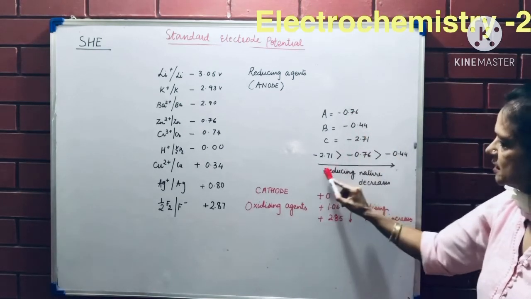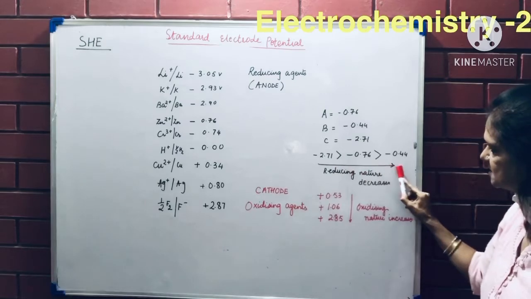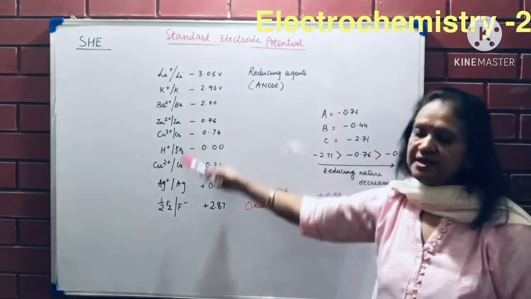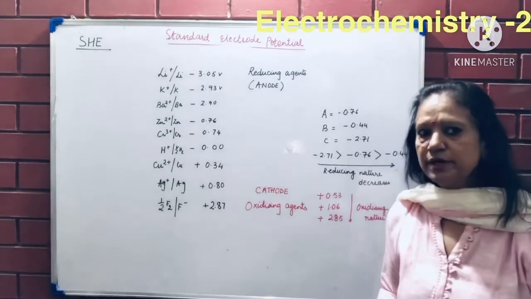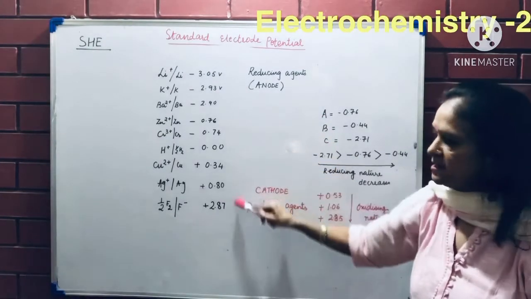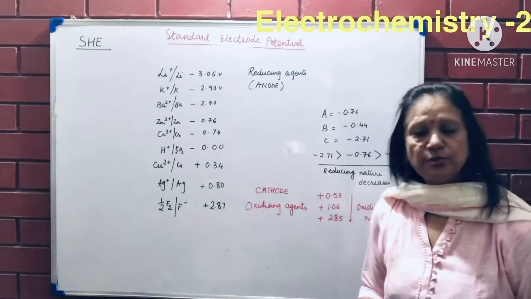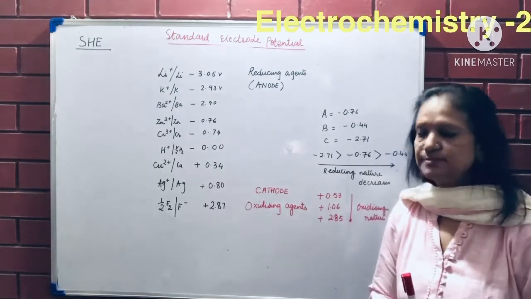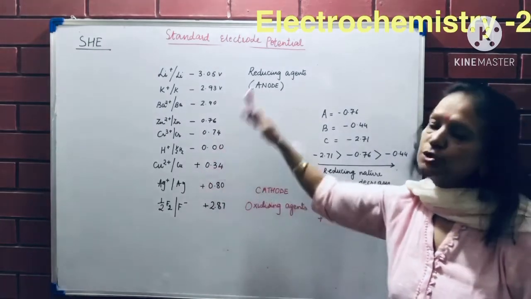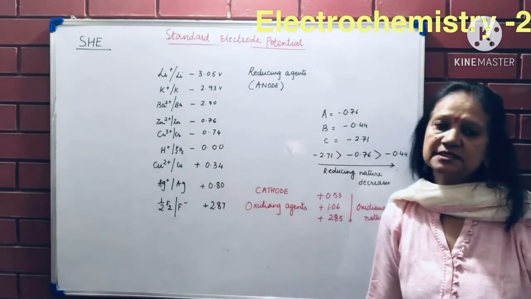So the reducing nature is decreasing in this order. Questions will be asked based on this. If the values are given for A, B, C, then look at these values. Otherwise, from your own knowledge of various metals, if the names are given to you, you know the metal activity series. Through that series also you can explain.